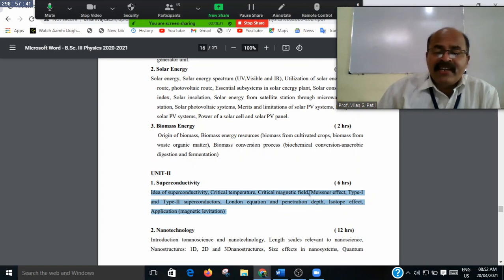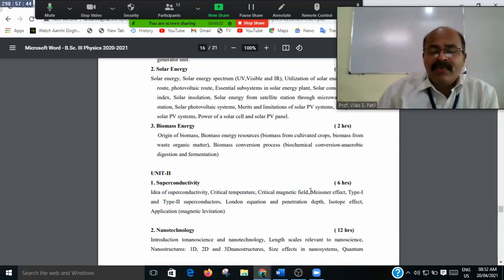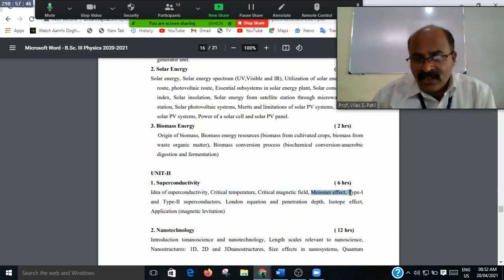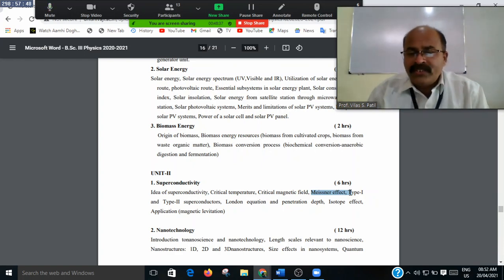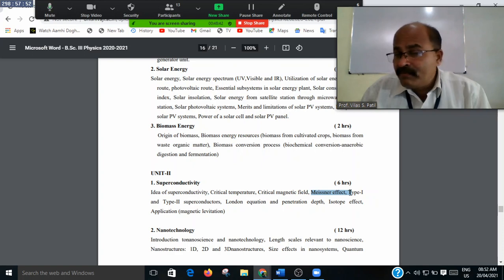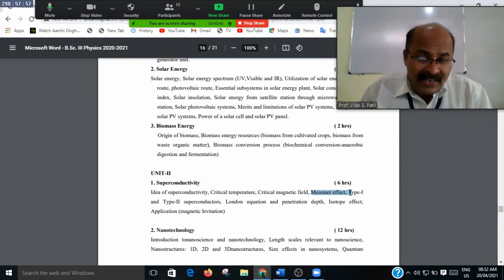The Meissner effect is a very, very important effect. Meissner is the name of the scientist, and the effect he discovered is the unmagnetism or disappearing of the magnetism.